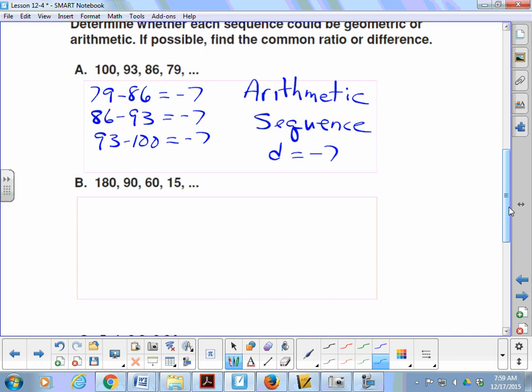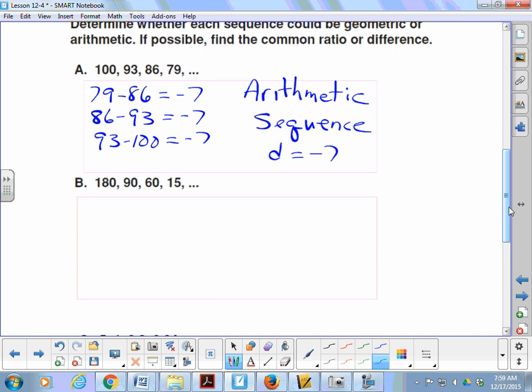Is it arithmetic? All right? So here we've got 180, 90, 60, and 15. Is there the same amount between each of these when we subtract? The distance from 180 to 90, is that the same as 90 to 60?